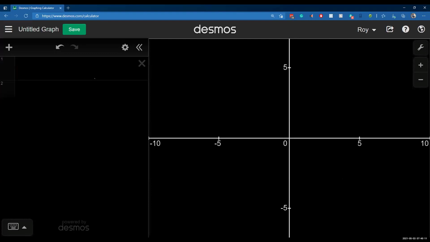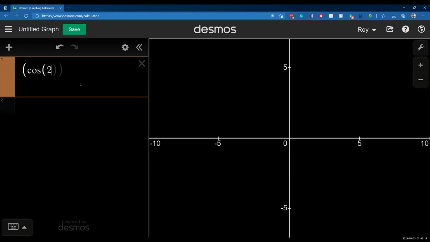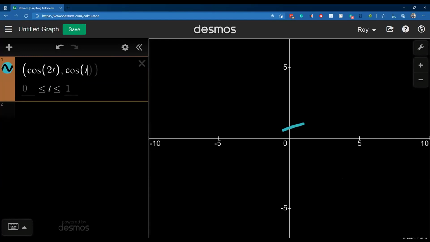There we go. To graph a parametric, I mentioned it last time, you just put in parentheses and type in the x function, cosine of 2t, end the parentheses, and do the y function, which is cosine of t. And then you have to do it from time value to time value. So we were asked to do from negative pi to positive pi.